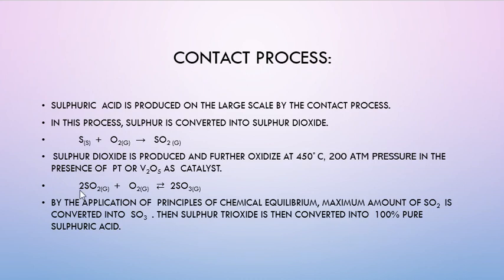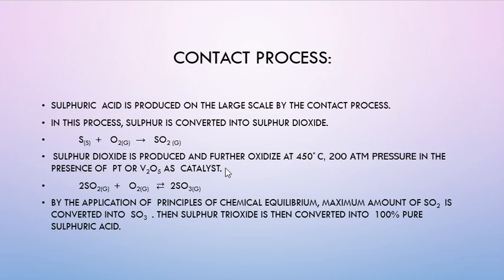If we maintain this reaction and get a better yield of sulfur trioxide, then this sulfur trioxide is easily converted into pure sulfuric acid with 100% yield. This is a reversible reaction. How are we going to get a better yield of sulfur trioxide?